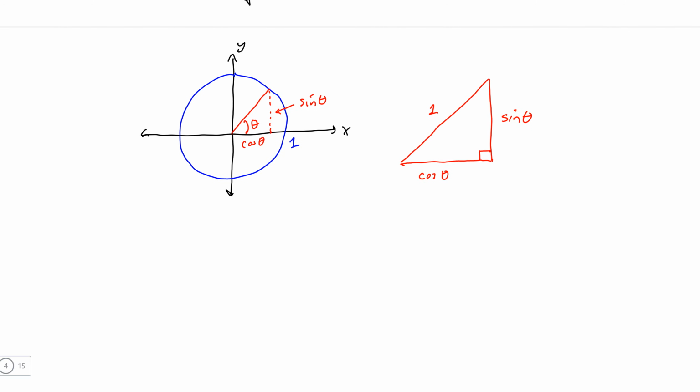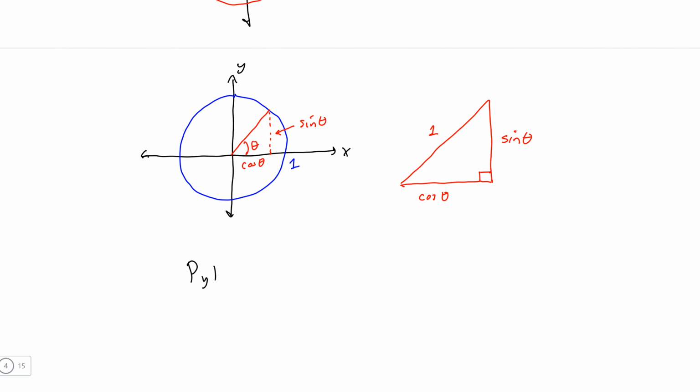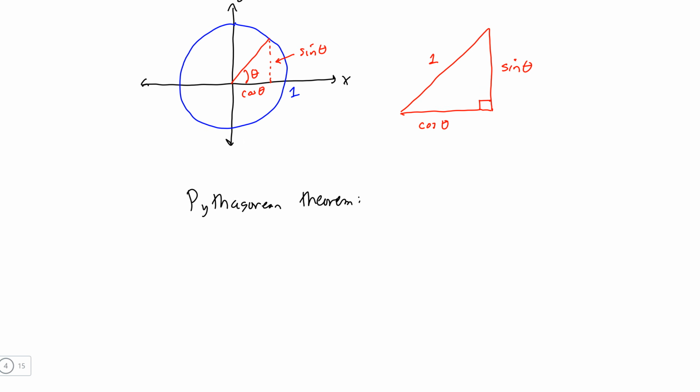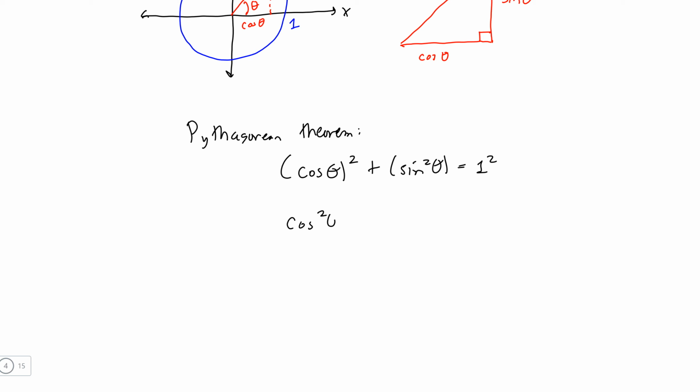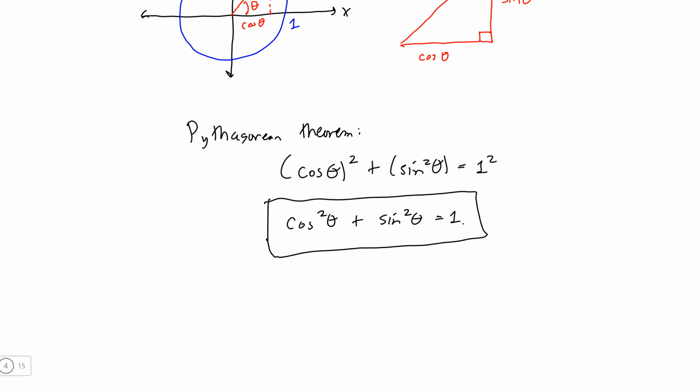Then we can just use the Pythagorean theorem. Remember, that says the base squared plus the height squared is equal to the hypotenuse squared. So I have cosine theta squared plus sine theta squared is equal to 1 squared. Another way to write this is cosine squared theta plus sine squared theta equals 1. This is an important formula that will show up quite often. It's one of the few trig identities that you should memorize. There are lots and lots of trig identities, but this one we actually want to remember.